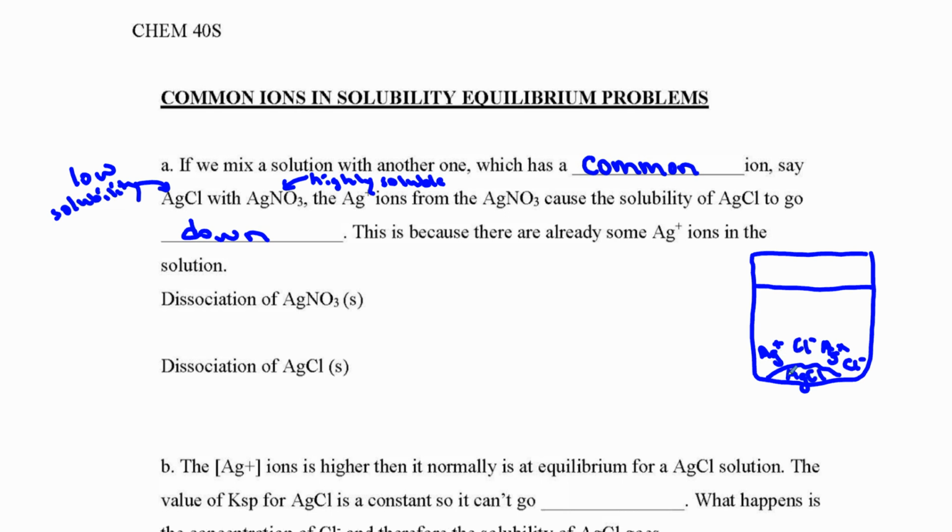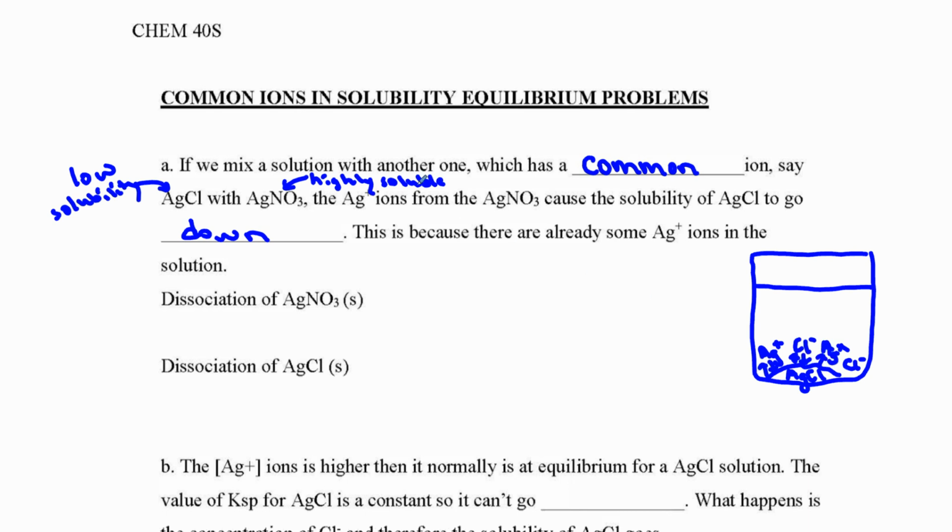What happens is we know this will reach an equilibrium point, which is what we looked at last time. For every silver ion leaving, another one will enter back into the solid. So one leaves, one enters, and so forth. You keep those concentrations constant once the equilibrium has been reached.